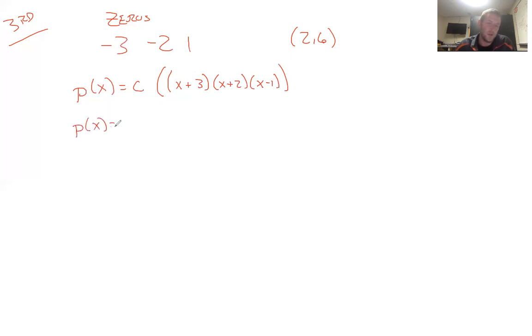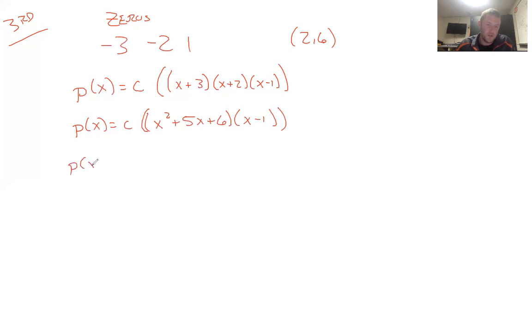P of x is equal to c times, if I do these two first, that would be x squared plus 5x plus 6, and just skip the step. And then x minus 1. So FOIL this now.